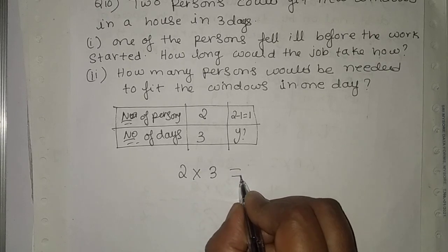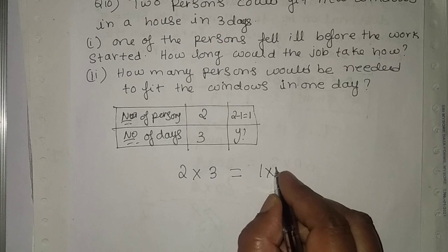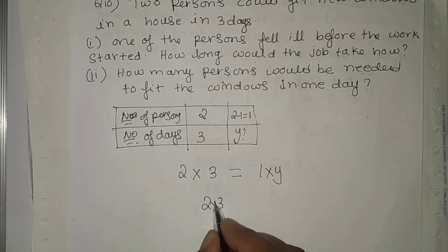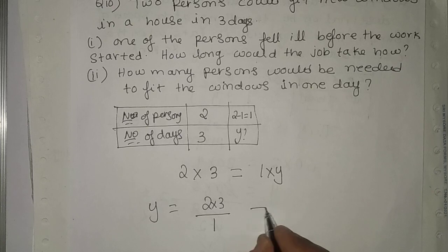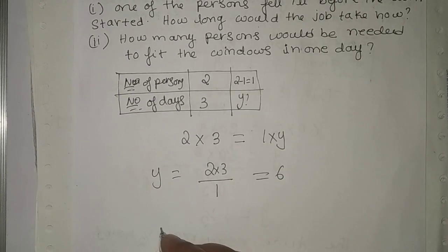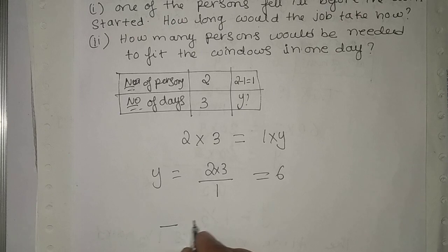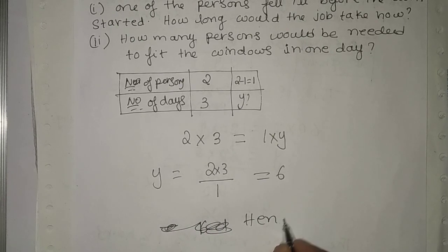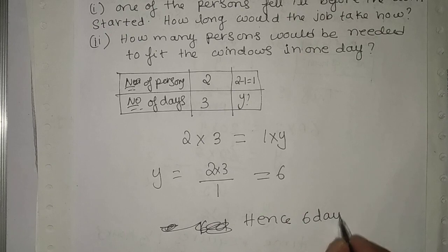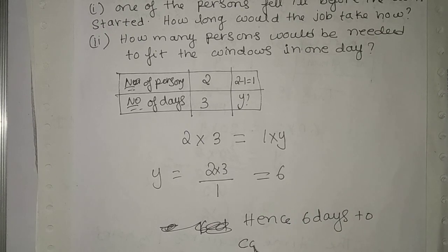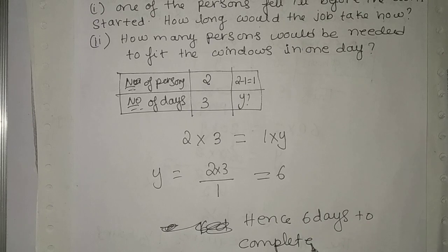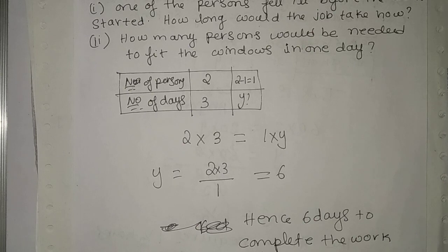2 into 3 is equal to 1 into y. Therefore, y is equal to 2 into 3 by 1, which is equal to 6. Therefore, if one person works, it requires 6 days to complete the work by 1 person.